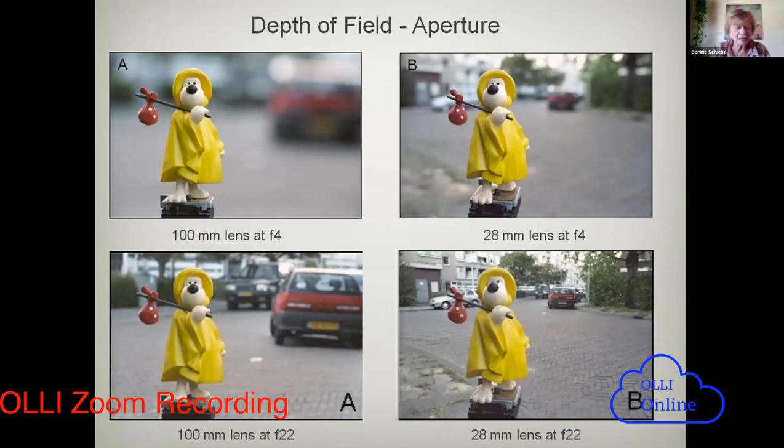Now, the question: on the 100 millimeter on the bottom and the 28 millimeter on the bottom, it's like the car moved closer to the hobo and further away.